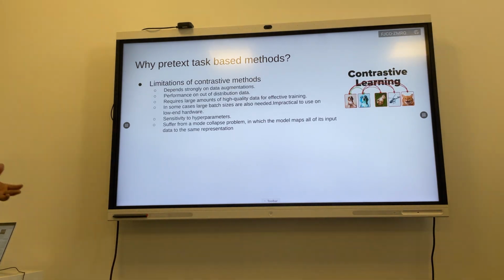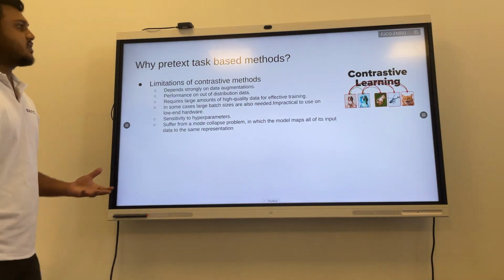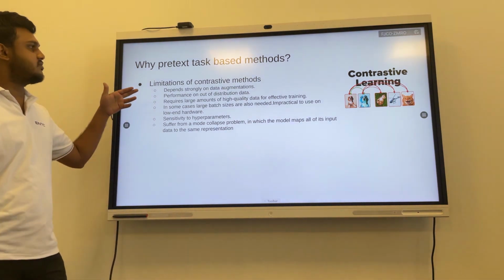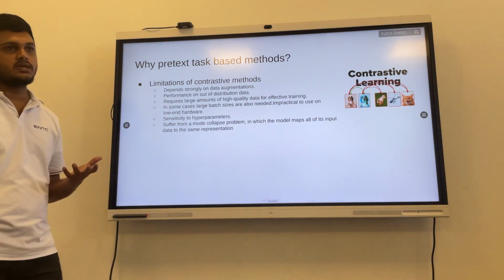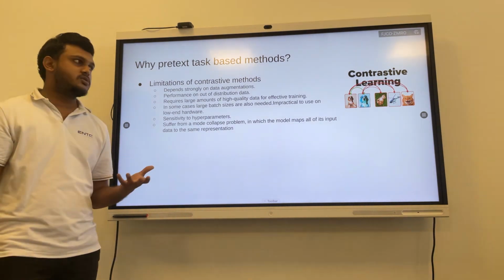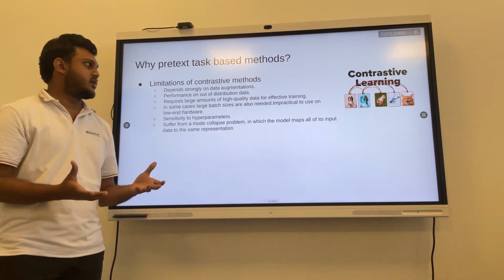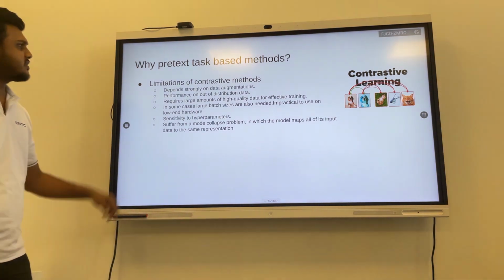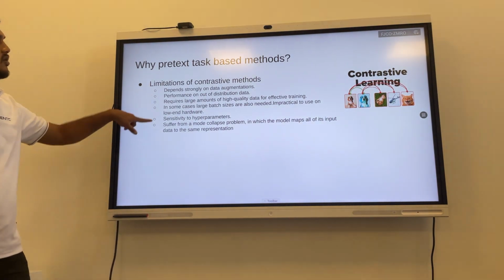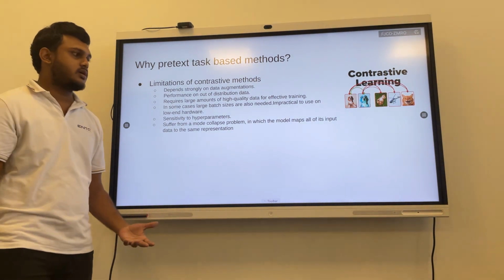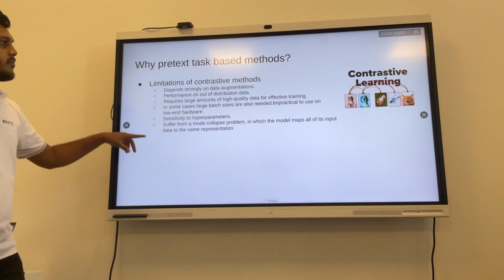There are some limitations when we come to contrastive learning. One is, as we saw in previous presentations as well, it depends strongly on data augmentations, and there can be certain use cases where doing data augmentations might not be possible. Also, there is research showing that the performance on out of distribution data in contrastive based methods is not that good, and I will attach that paper also.